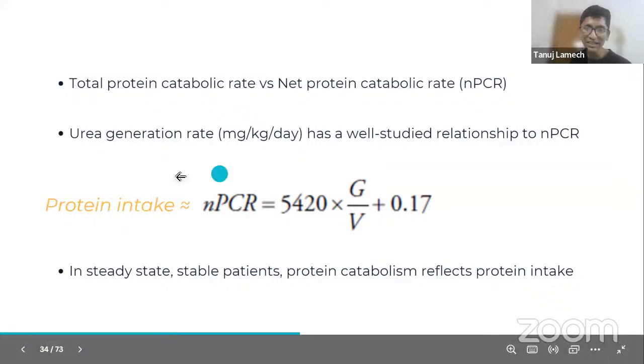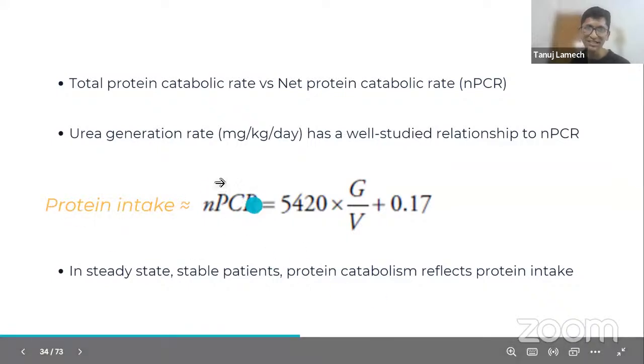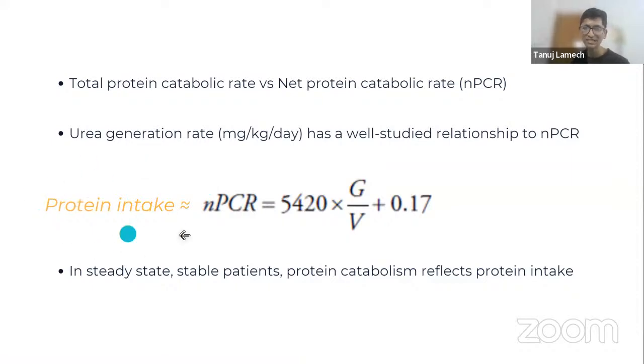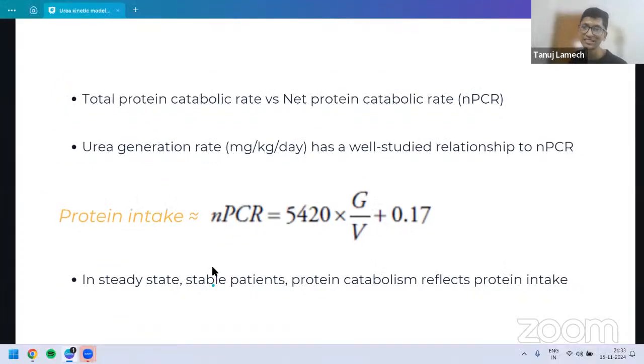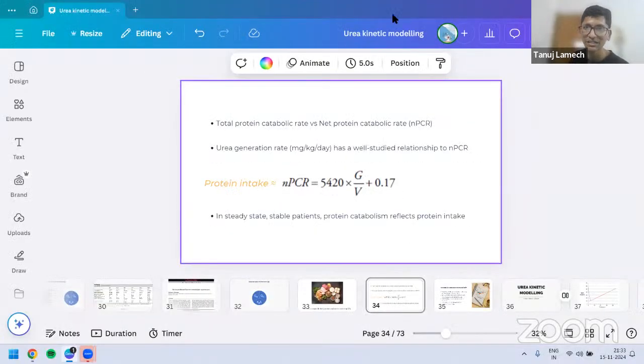So protein intake equals NPCR. So NPCR is basically a surrogate for how much your patient is eating, how nutritionally well they are. And that is dependent on G. So you can use that rise in G to quantify your protein intake and nutritional status. So again, that only comes with your formal urea kinetic modeling. It doesn't come with your Daugirdas formula. I hope that made sense.